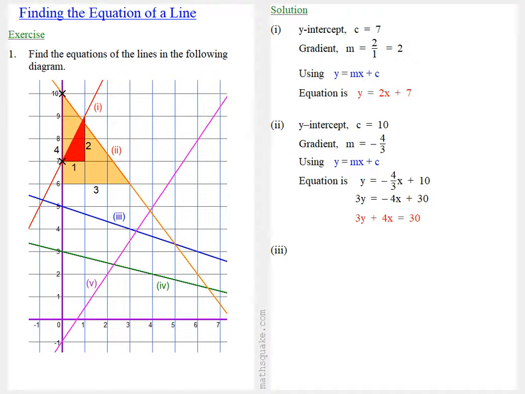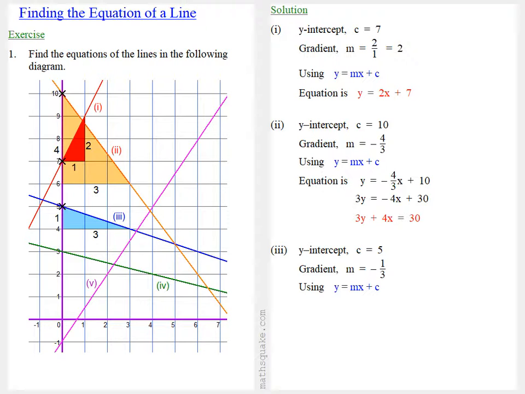Now we see for line 3, it crosses the y-axis at 5, so the y-intercept c is equal to 5. And to find the gradient, we draw a triangle under the line, and we notice the base is 3 and the height is 1. But this line slopes down, so the gradient is equal to minus the height over the base, or minus 1 over 3.